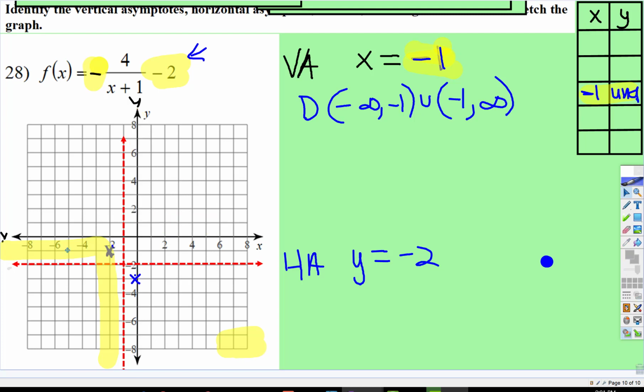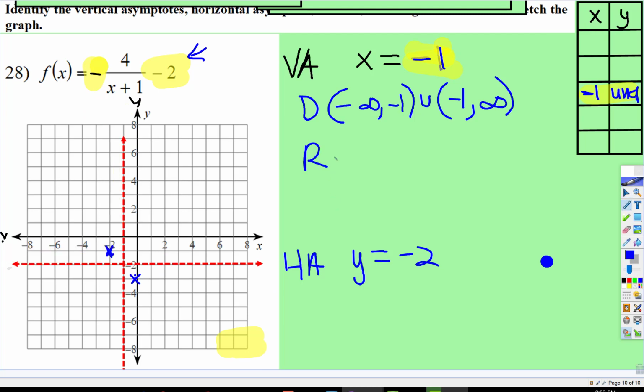Well, this graph is negative, so we're going to be over here going from -infinity all the way up to -2 and then turning, and then really close to -2 and then turning and headed off towards positive infinity. So its domain and range are going to look really similar.